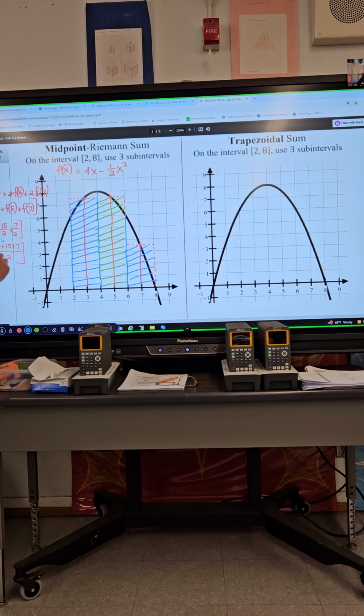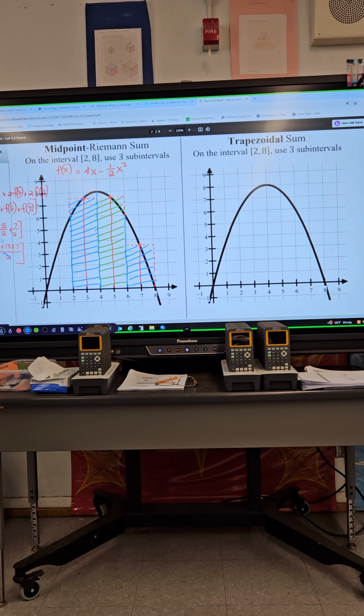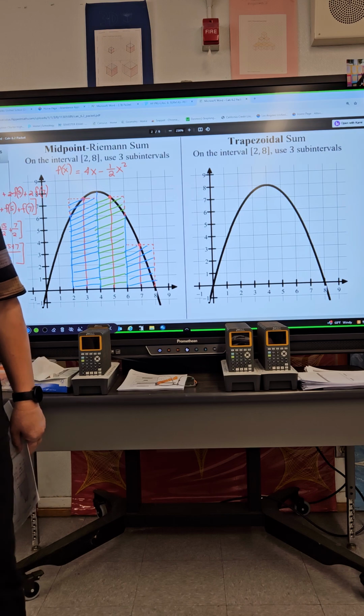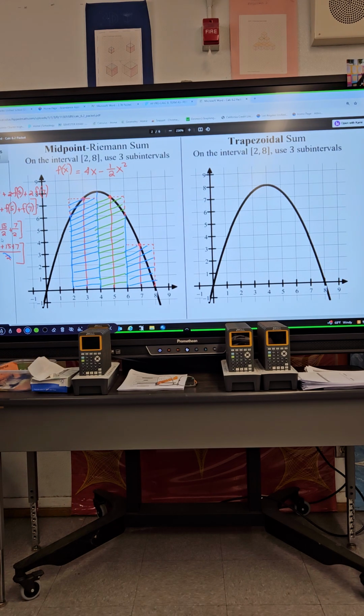What is 15 plus 15 plus 7? 15 plus 15 is 30. Oh, it's 7, not 17. So 37.